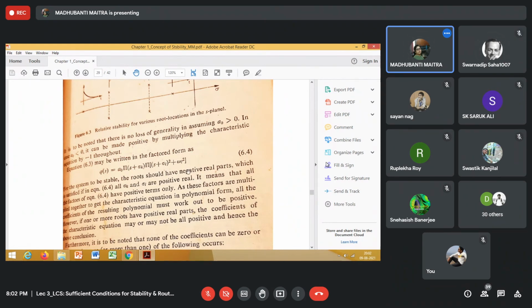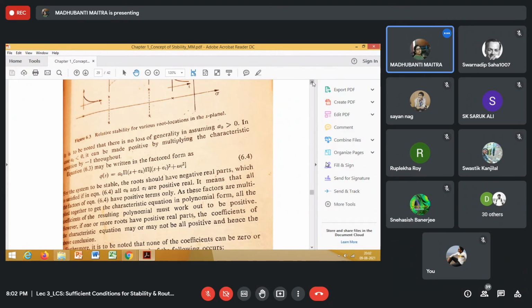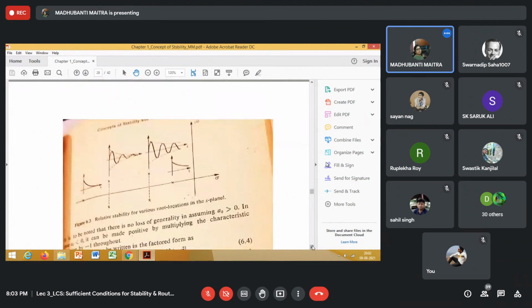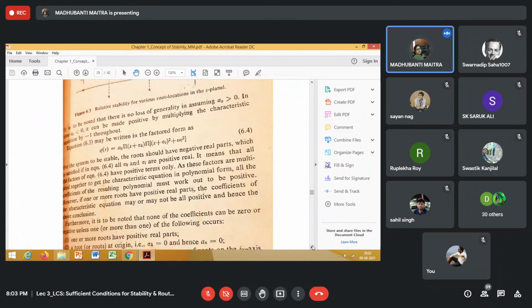Yes, ma'am. If one sigma k, look at this, if one sigma k is 0, then one S term will be there over here. And as I said, this term an will be 0 and one root will be there at the origin of the S plane, thus making the system a limitedly stable one, not a stable one, right?